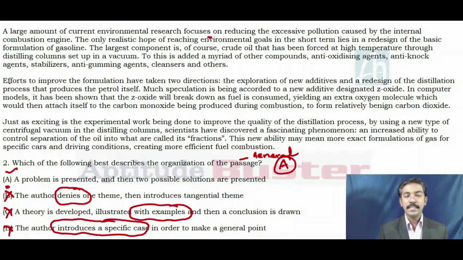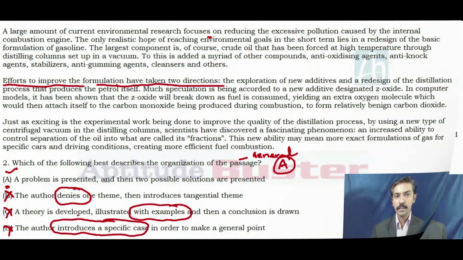If you look at the first line of the second paragraph, which says efforts to improve the formulation have taken 2 directions. And the passage indeed explains these 2 directions, which means the solution being taken to address this problem, which means option A is the accurate answer.